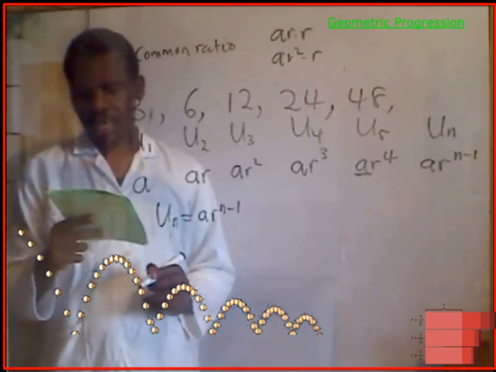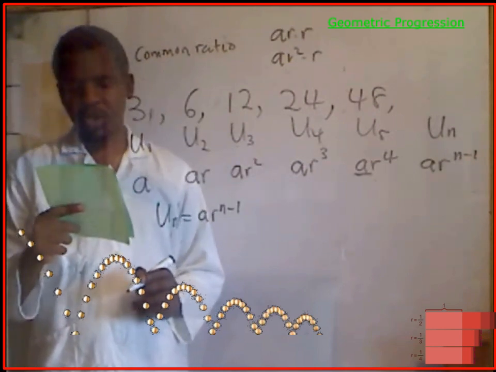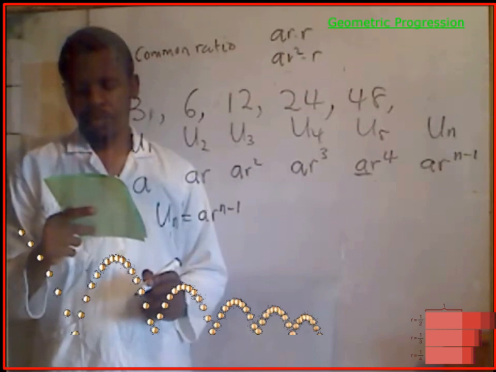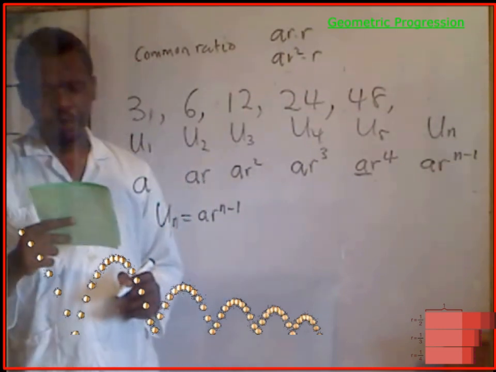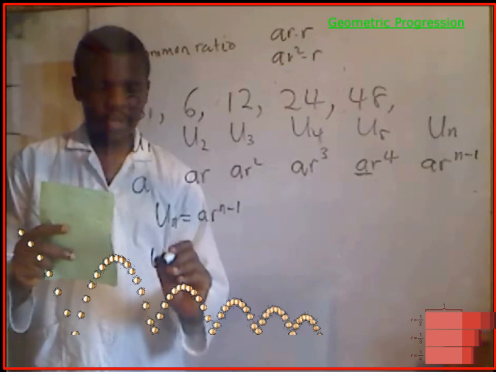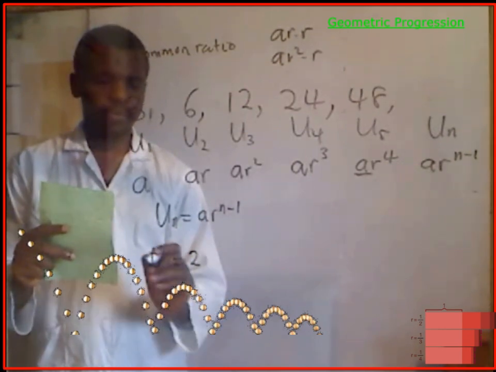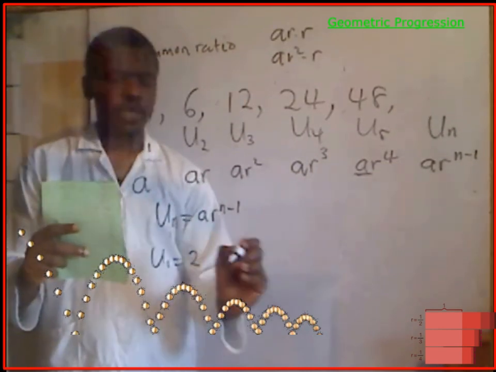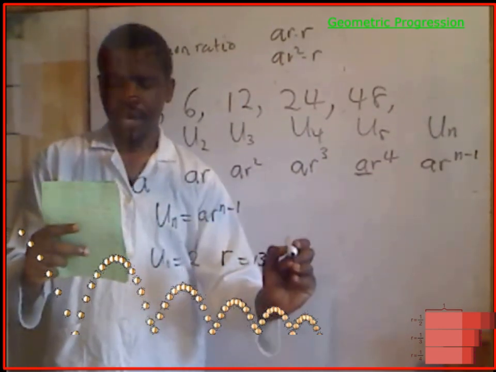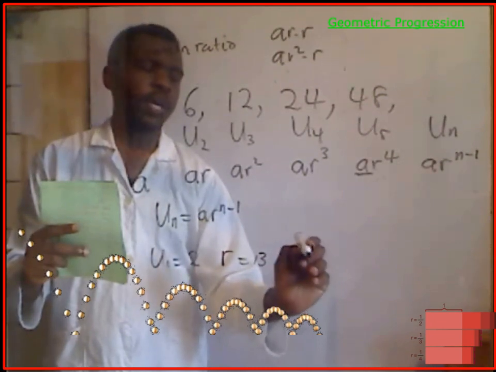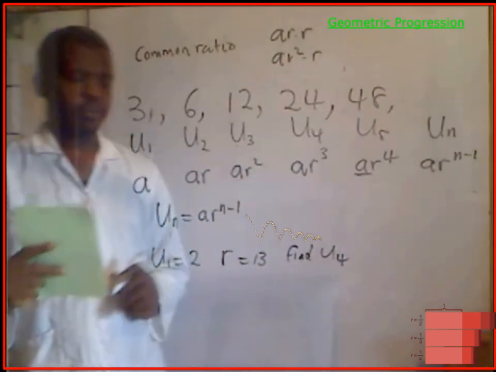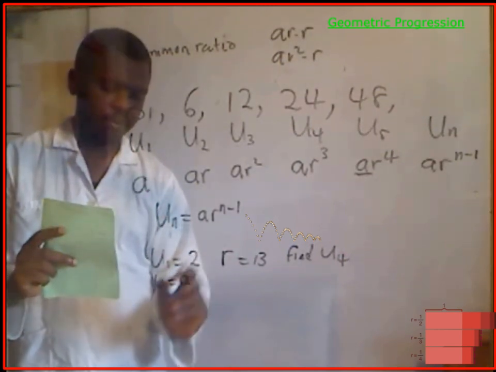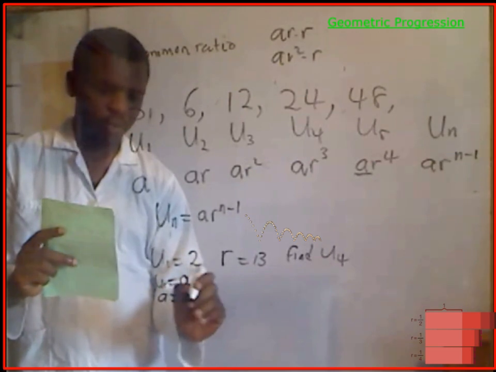Let's consider this example. The first term of a GP is 2 and the common ratio is 3. Find the fourth term. Here I have U1 is the first term, which means that A is 2.